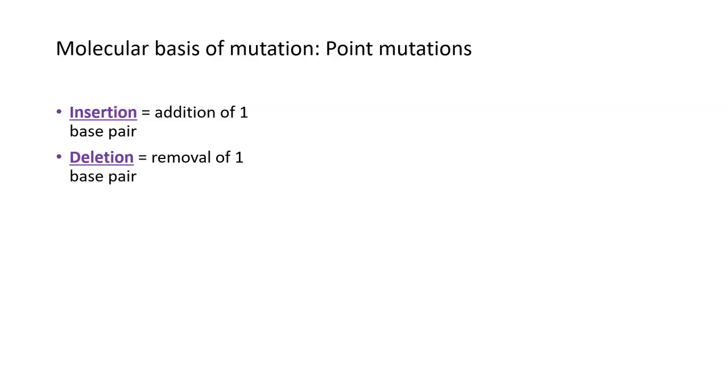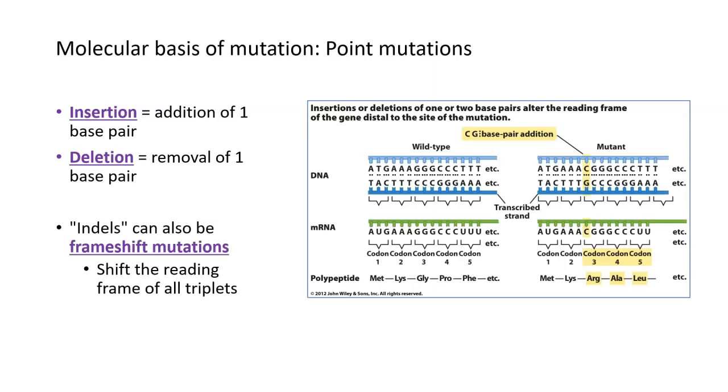With a deletion, you're removing one single nucleotide or base pair. We sometimes refer to insertions and deletions as indels, the "in" from insertion and the "del" from deletion. And when you add or delete a base pair, you can induce another type of mutation, which is called a frame shift.